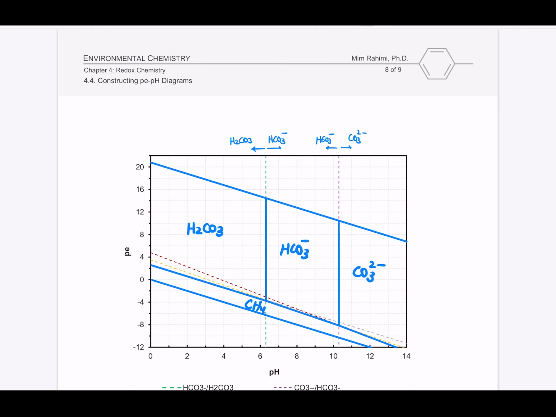What's that? Oxygen. Yep, right from the very first equation we have. And obviously the bottom part is hydrogen.